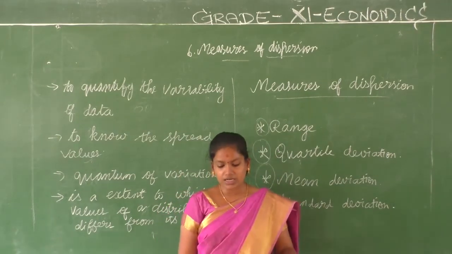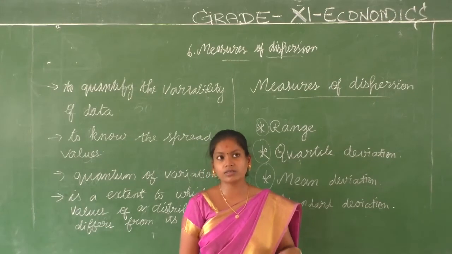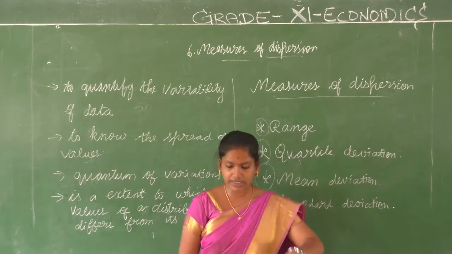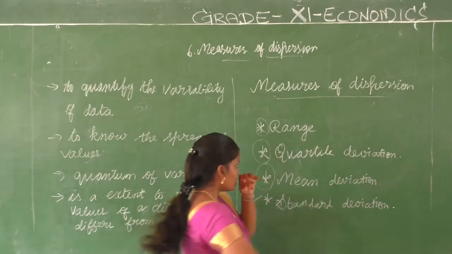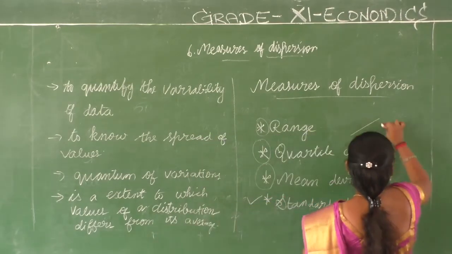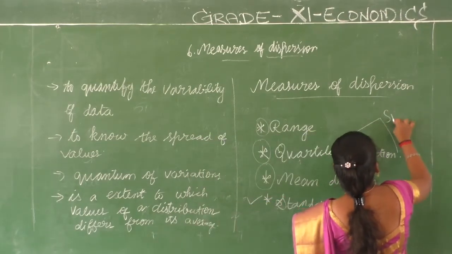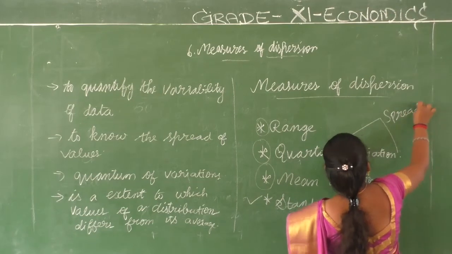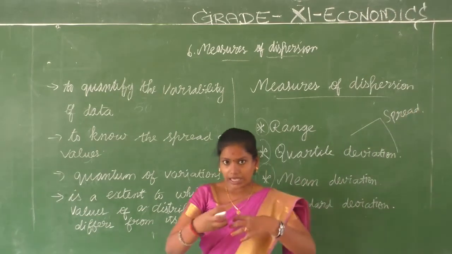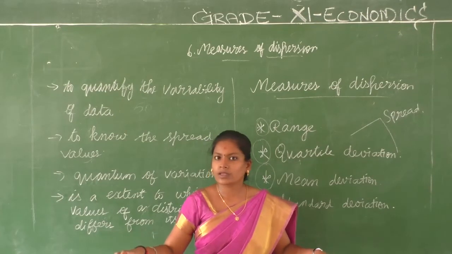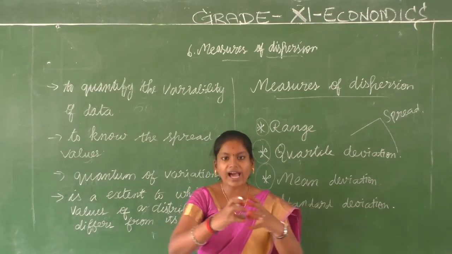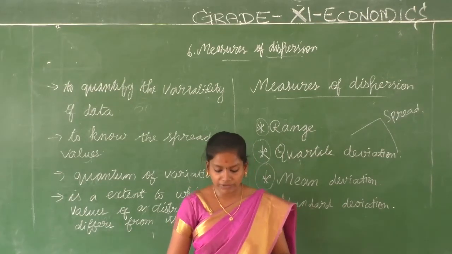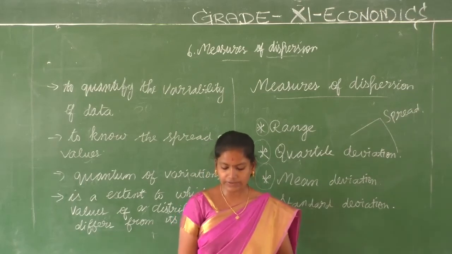Now, range and quartile deviation measure the dispersion by calculating the spread. These both calculate the spread, that is, from where the values are spread is what we find through range and quartile deviation.